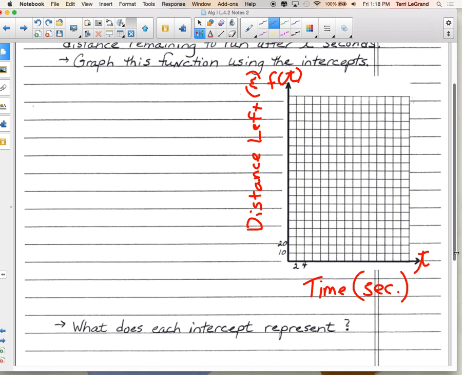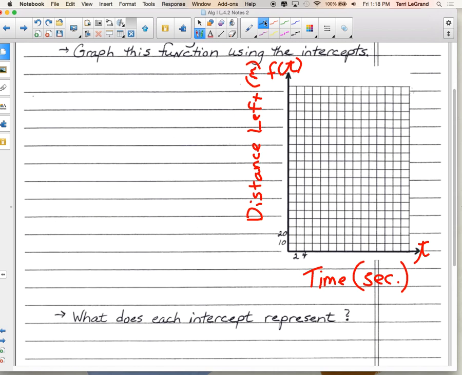You do not have to number every grid line like I started. You can start skipping, okay? Oopsie, I think I'm doing mine wrong. I'm just going by tens.